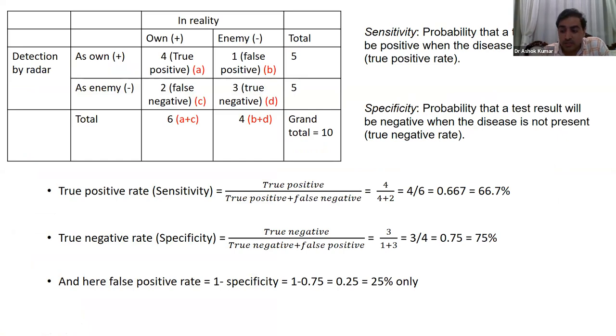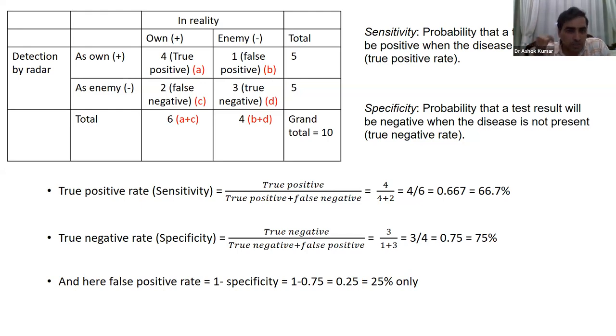Take a blood sugar test machine: in a diabetic patient, the value will come high, and in a non-diabetic patient, the sugar value will come low. We want this. So this is sensitivity, the probability that a test result will be positive when the disease is present. It is the true positive rate.